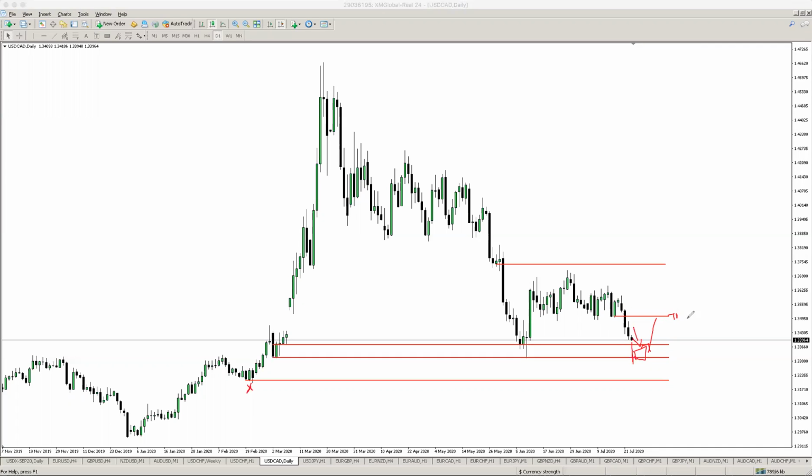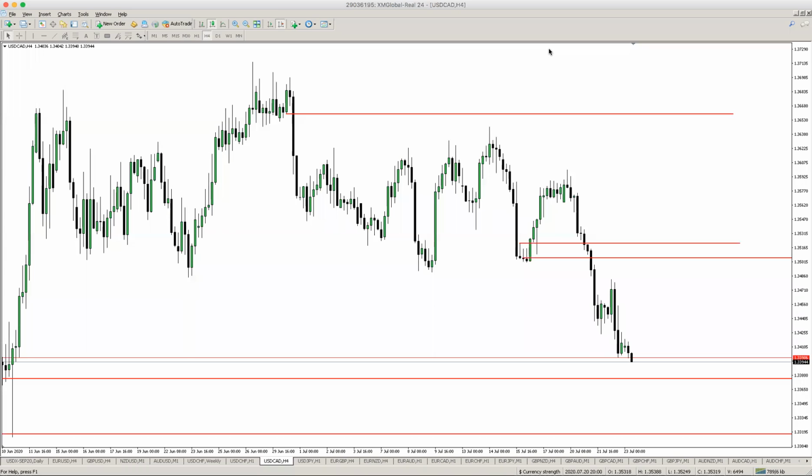And then if there is a willingness to want to go higher, let me open the H4 chart. So here I am on the H4 chart. As I was mentioning, we've got our zone right here. So what we want to see is price to trade down into this zone, hopefully come and close above this line here.